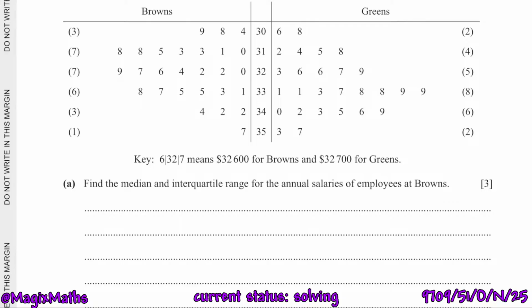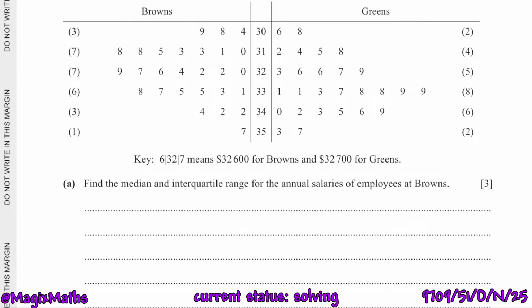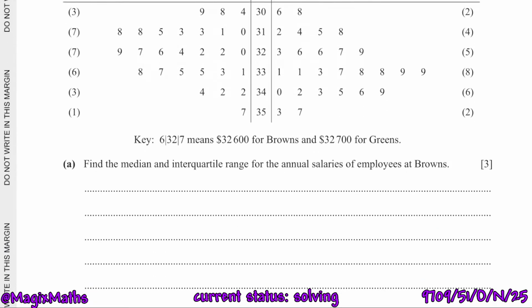So the first thing we can do is just find all the Q1, Q2, and Q3. Okay. We have 27 employees, which is an odd number.